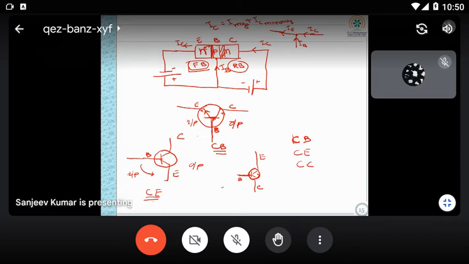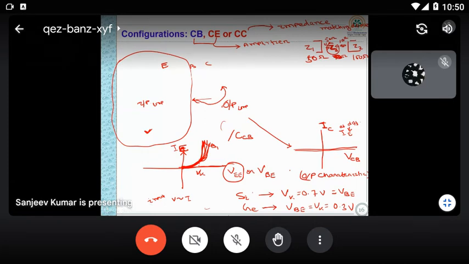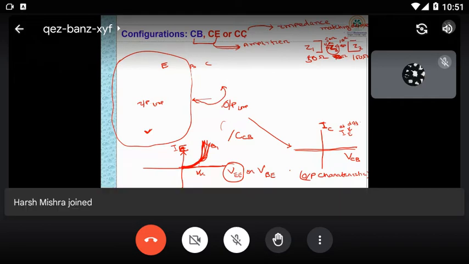Later I will brief you on the application of emitter follower. So these three configurations I told: common base, common emitter, common collector. Common base and common emitter act as amplifiers, and common collector is used as an impedance matching device.